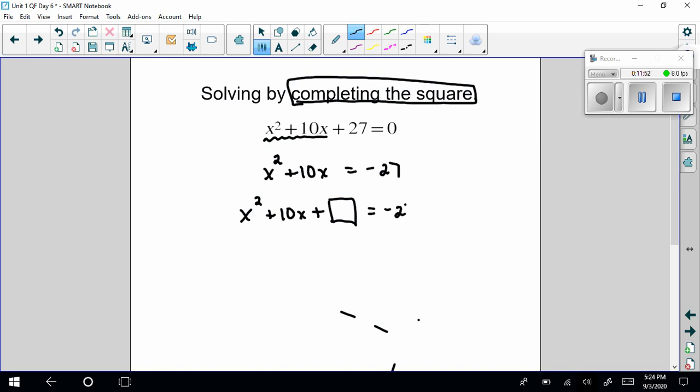Equals negative 27. So back in the day when you learned to solve equations, you know if you add something to the left side, you also have to add it to the right side. All right, so in this case, I'm going to have x squared plus 10x, and my box is equal to the b value, which in this case is 10, divided by 2 squared.